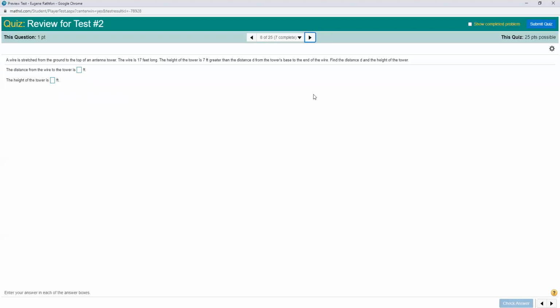But I do know the height of that radio tower is 7 feet taller, so that'll be D plus 7. So they want to know the distance from the wire to the tower and then the height of that tower. So let's go to this one and see what we can do.